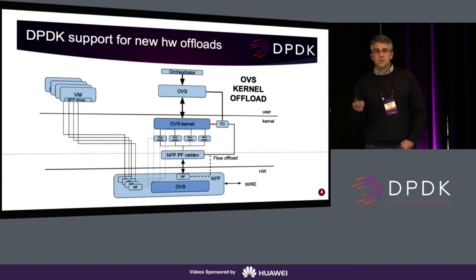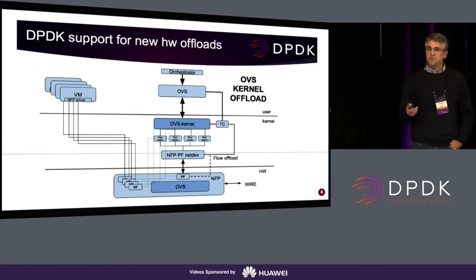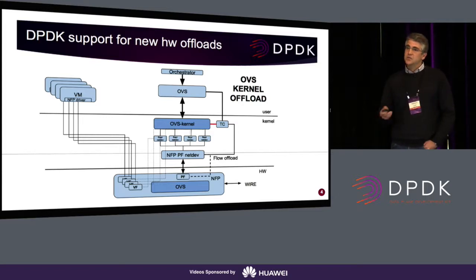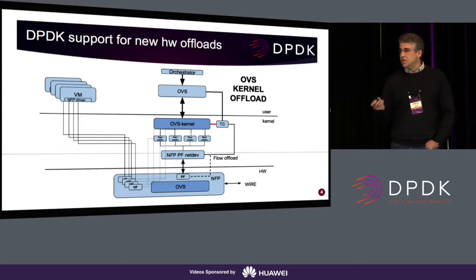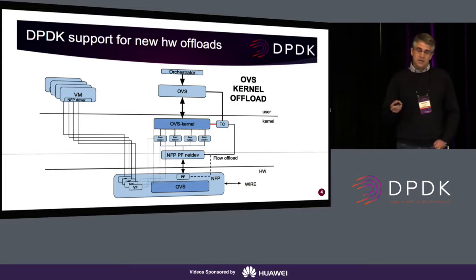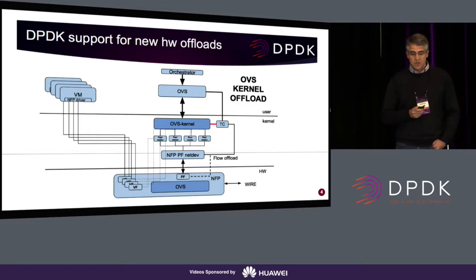There are some cases where this component in the NIC doesn't know what to do with the packets, usually the first packet in the flow, and then it needs to put that packet up to the OVS kernel, just as the OVS kernel does in the same case, but putting the packet up to the OVS user space.